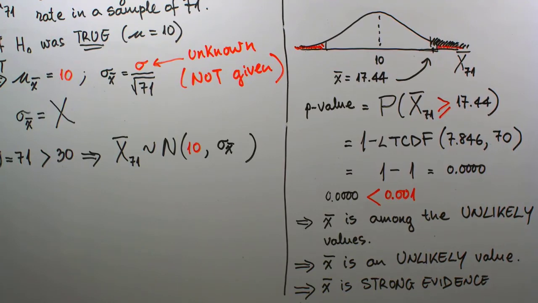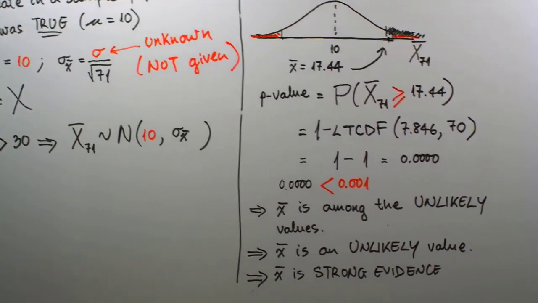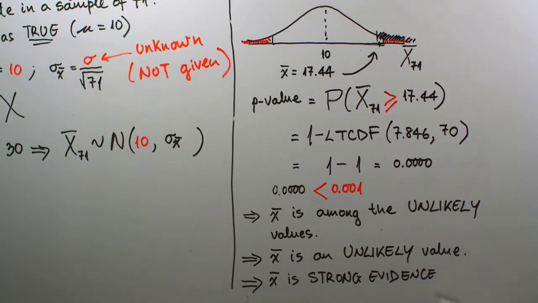And having strong evidence here is for the purpose to reject the null hypothesis, H sub 0. Or another way of saying it, we have X bar as strong evidence to support our alternative hypothesis, H1.